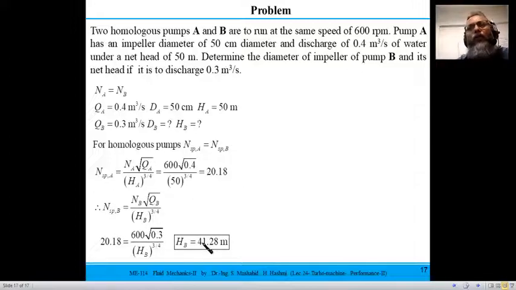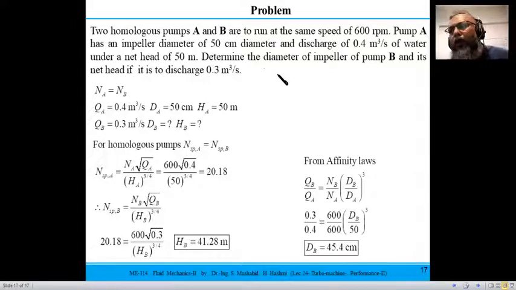So I have worked out the head for pump B. The second thing I have to work out is the impeller diameter, and from the affinity laws, I can easily work out the diameter of pump B.